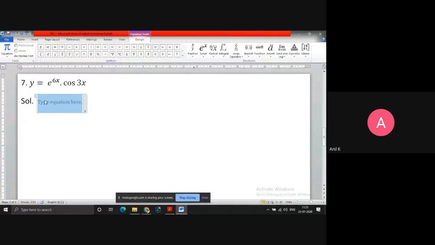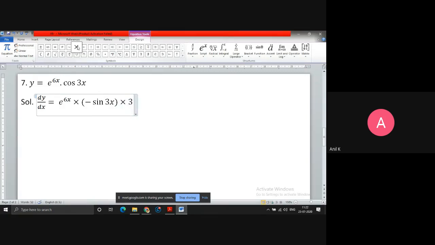So first order derivative, if I differentiate with respect to x, dy by dx equals, here I have to apply the uv formula. Here u will be e power 6x and v will be cos 3x. u into derivative of v. Derivative of cos 3x is minus sin 3x into derivative of 3x, which is 3.